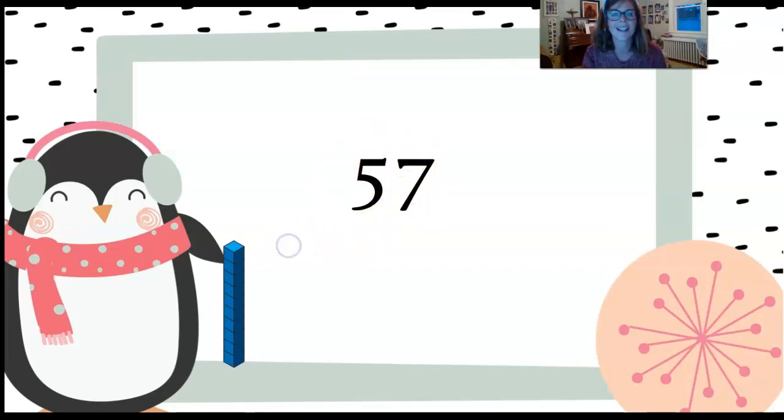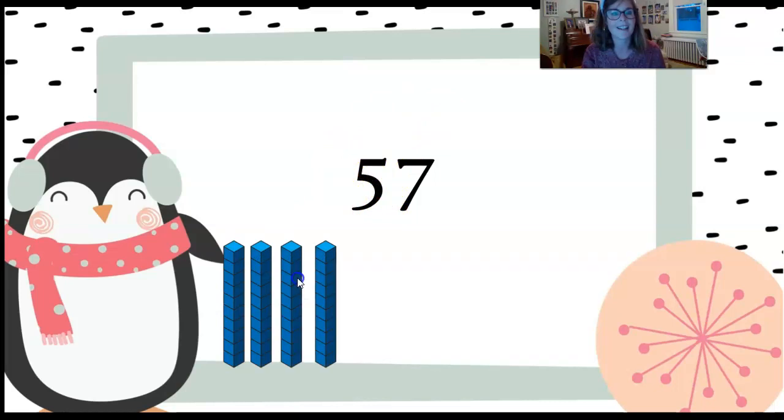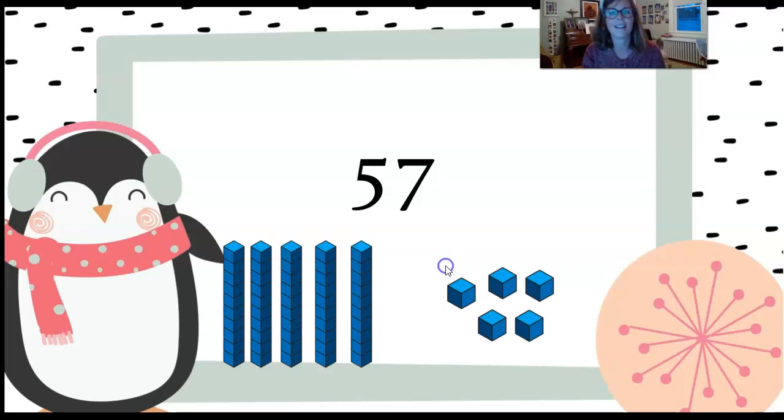Let's take a look at our rods. So we would need 5 rods, right? And each one is 10. And let's do our units. We need 7 units. Let's count it. 10, 20, 30, 40, 50, 51, 52, 53, 54, 55, 56, 57.